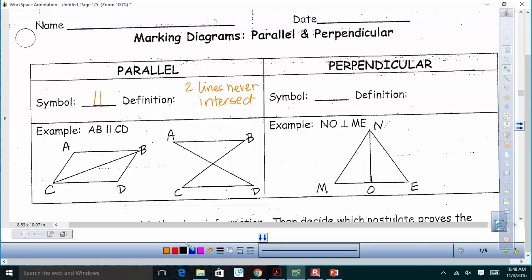Okay, now it's been a while since we marked parallel lines. Do you remember how we mark that two lines are parallel? Okay, it's like an arrow type thing. So here, if AB is parallel to CD, you can either write it like this arrow, or you could write it as this arrow.